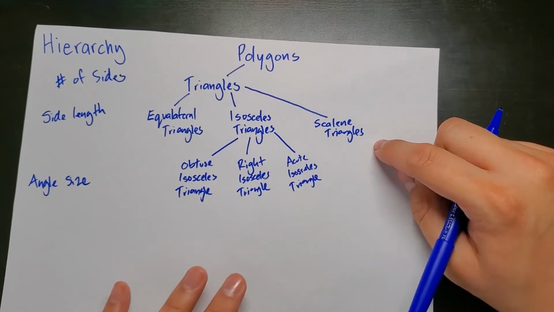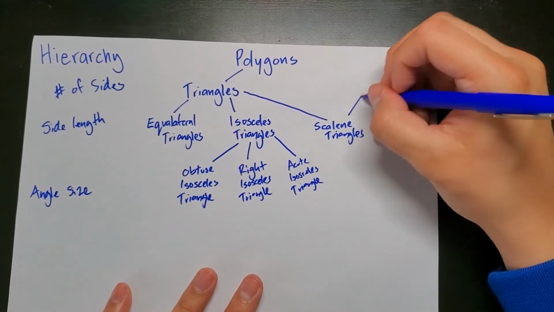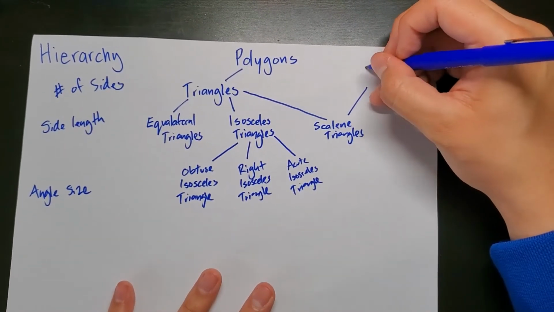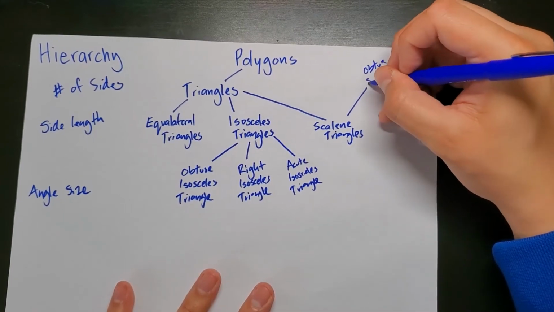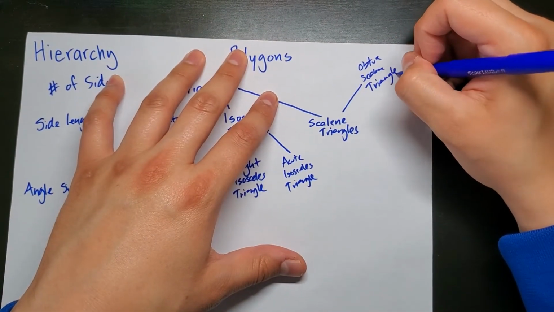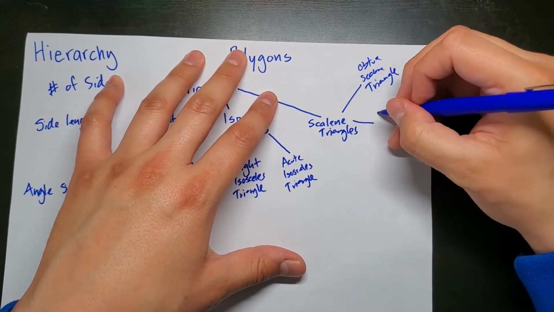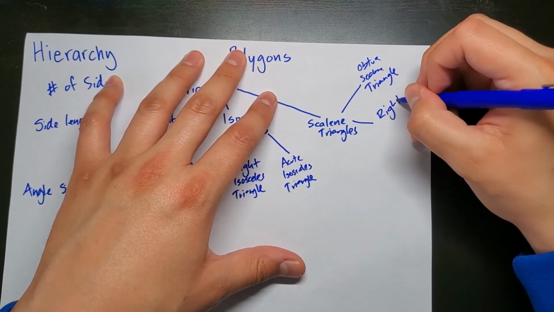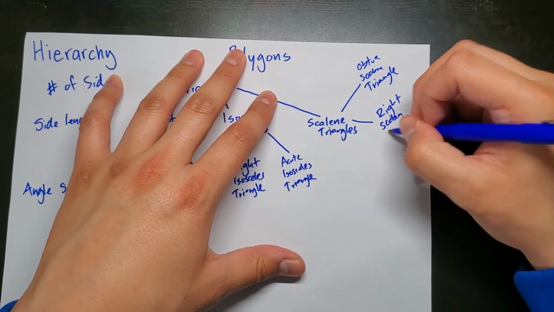Now, same thing for scalene. If one of the angles is obtuse, then it is an obtuse scalene triangle. If one of the angles is right, then it is a right scalene triangle.